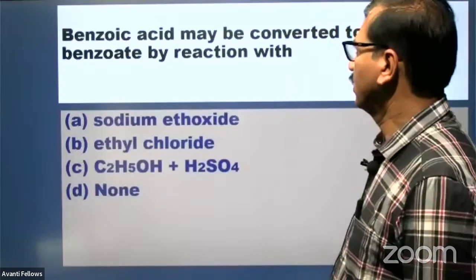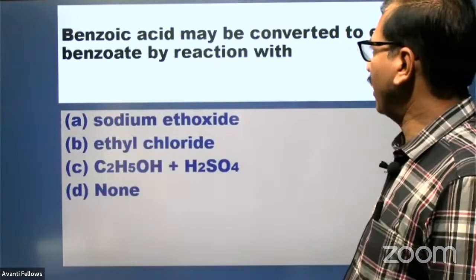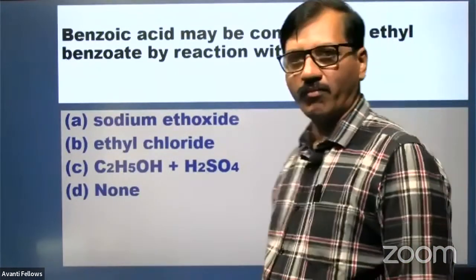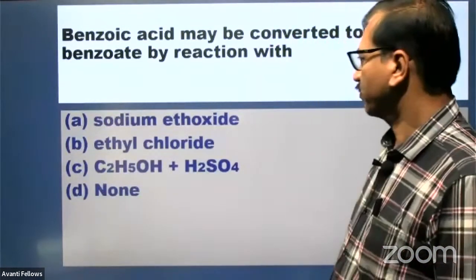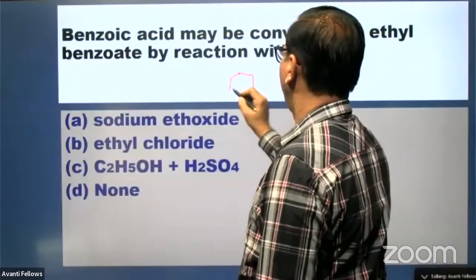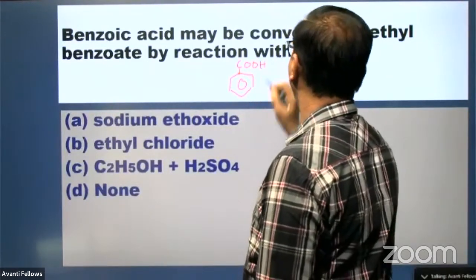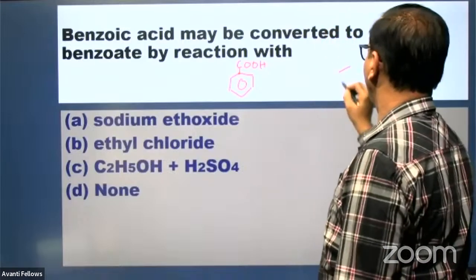Now, benzoic acid may be converted into ethyl benzoate by reaction with... Yes, sir. Okay, I will give that. This is benzoic acid, right? Converted into ethyl benzoate.